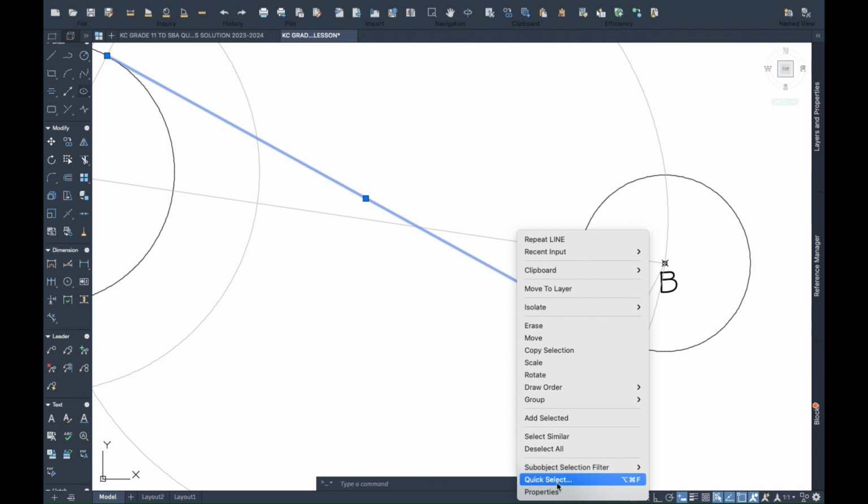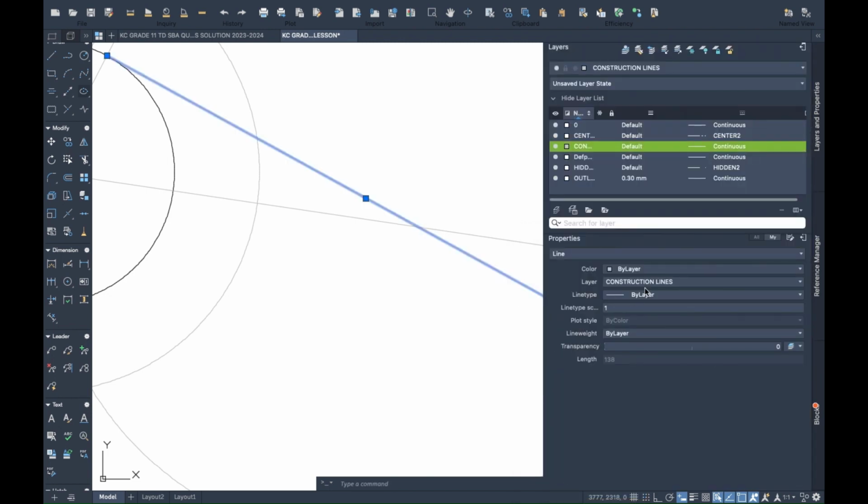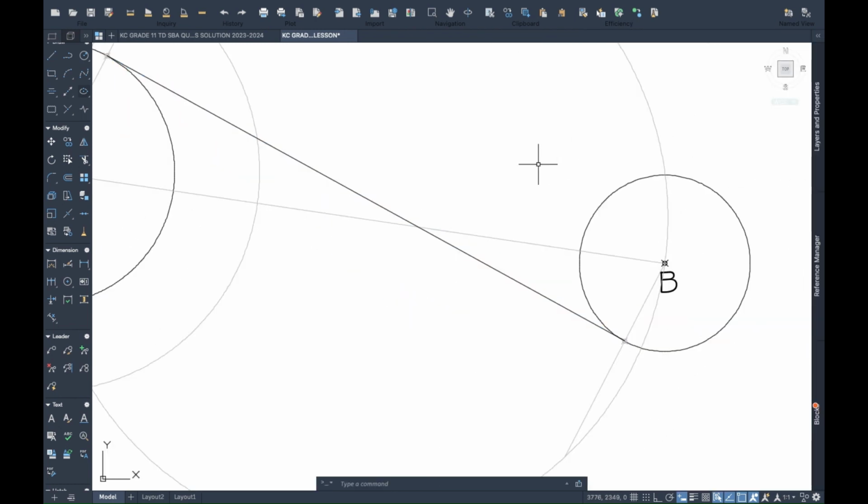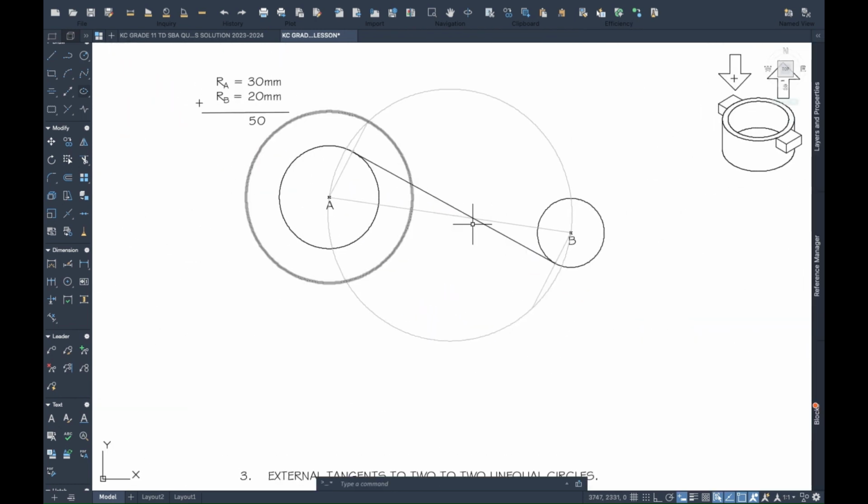And what type of tangent is it? It is our internal tangent, or what we refer to as our transversal tangent. Let me go to leader.